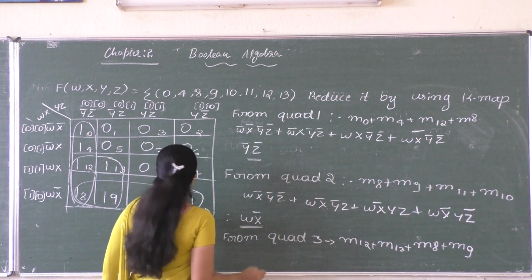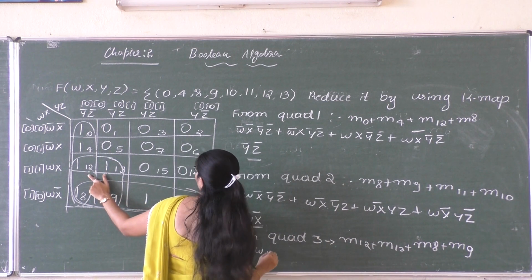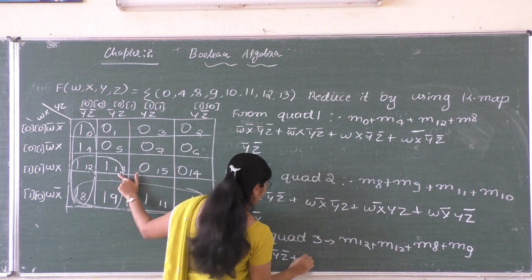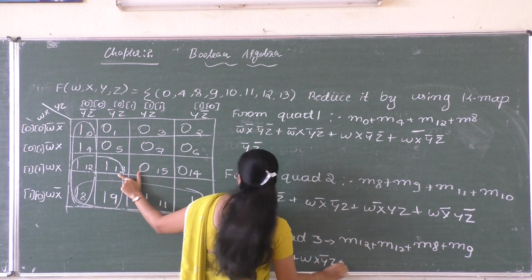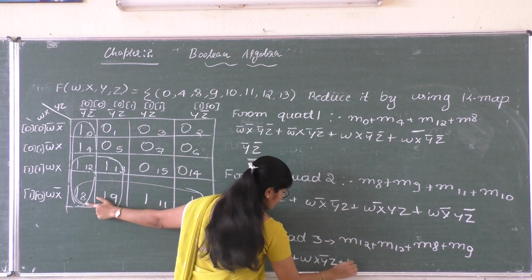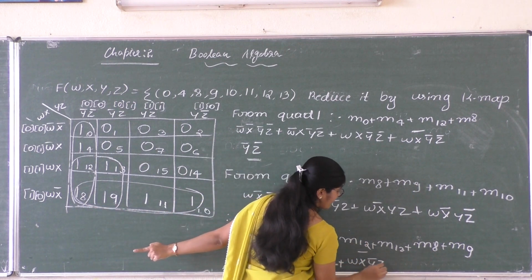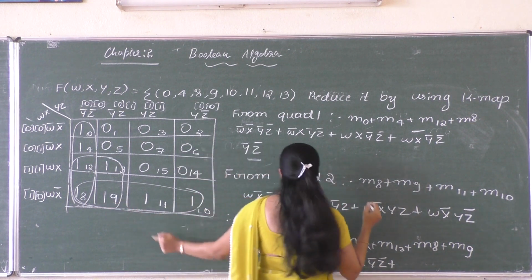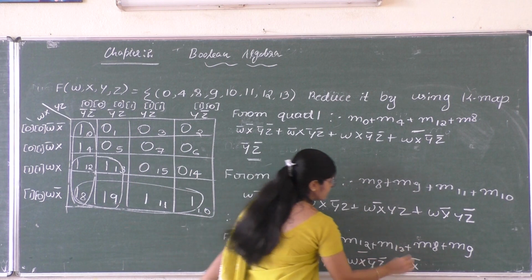Corresponding minterms are w x y bar z bar, w x y bar z, w x bar y bar z bar, plus w x bar y bar z.